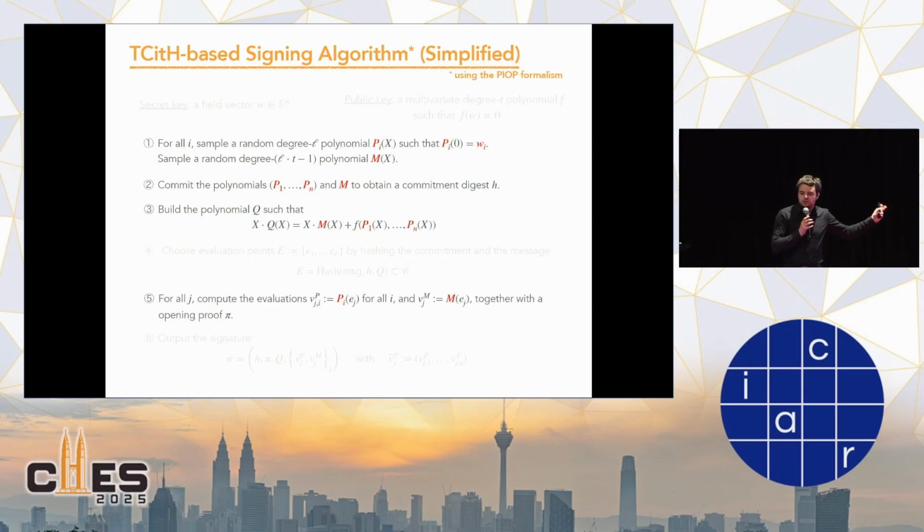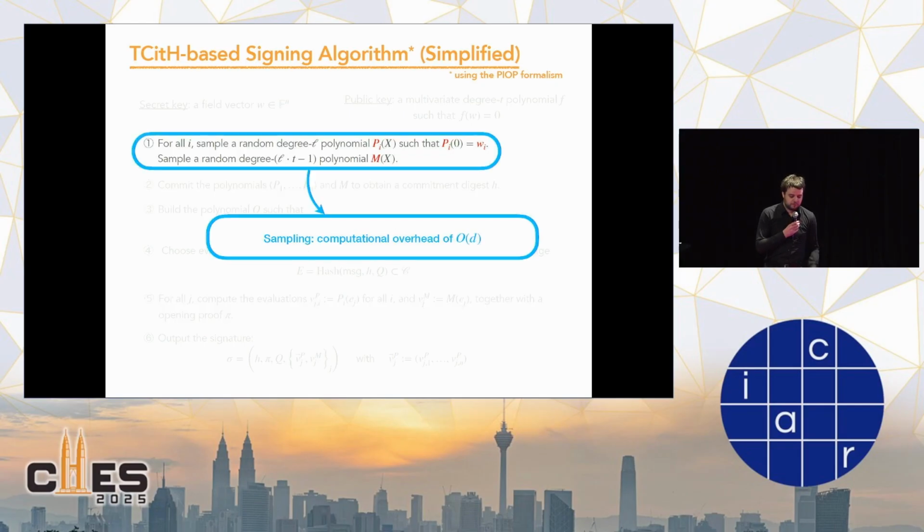Here are all the steps which manipulate the secret. So if we want to produce a masked version of this signature, we need to mask all those steps. The first step is quite easy to mask since it's just sampling. We just need to sample each share independently. So there will be a computational overhead which is linear in the masking order.